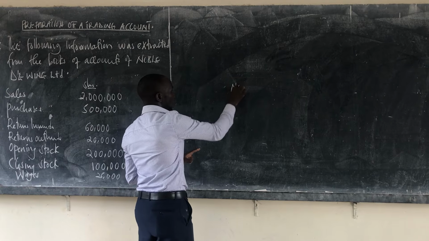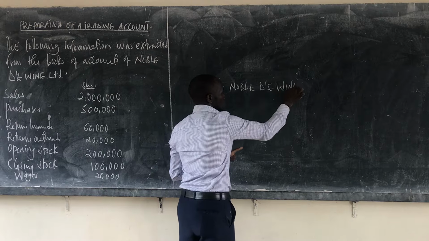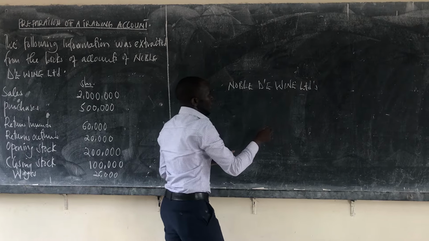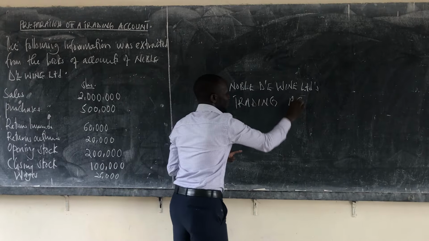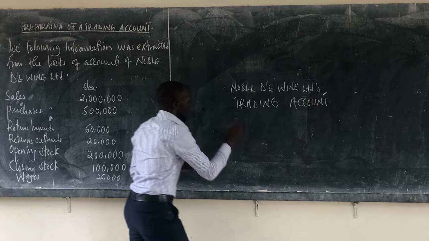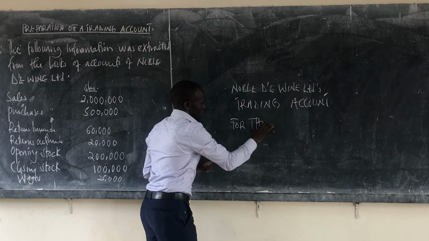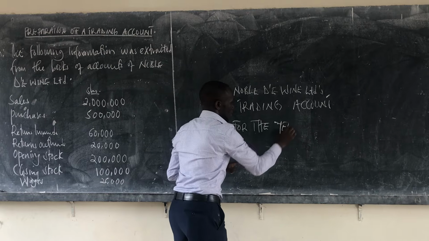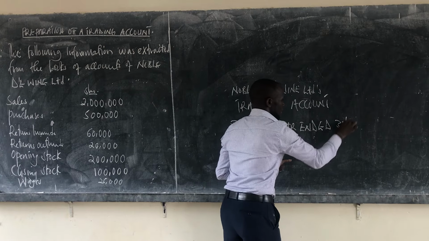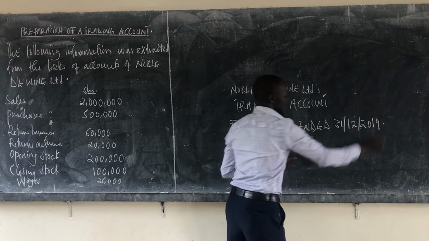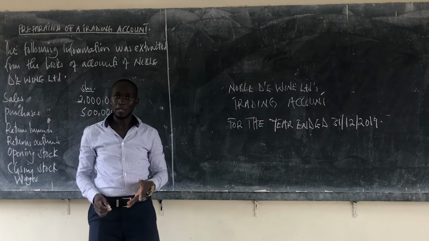This should be Noble DeWine Limited's trading account for the year ended 31st December 2019.